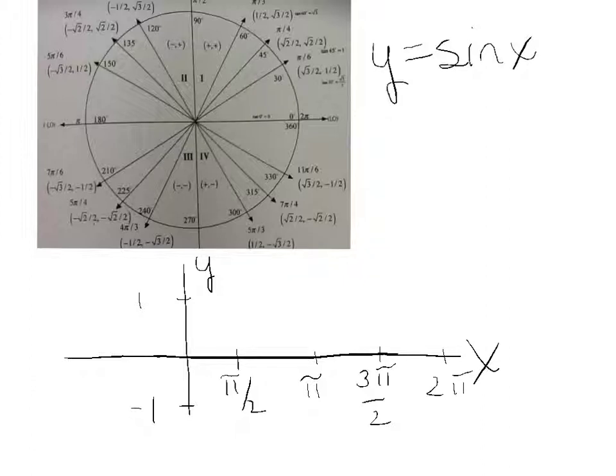Do you remember what the domain was? All real numbers. All right, the domain for the sine function is all real numbers, and the range is -1 to 1. When we say the domain's all real numbers, that means we're not going to have any breaks in our graph. We will have a continuous graph because the domain includes all real numbers.